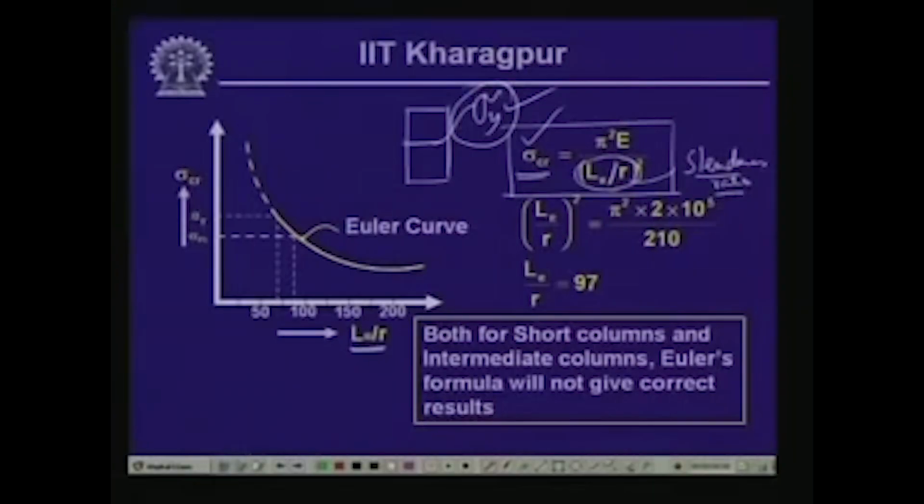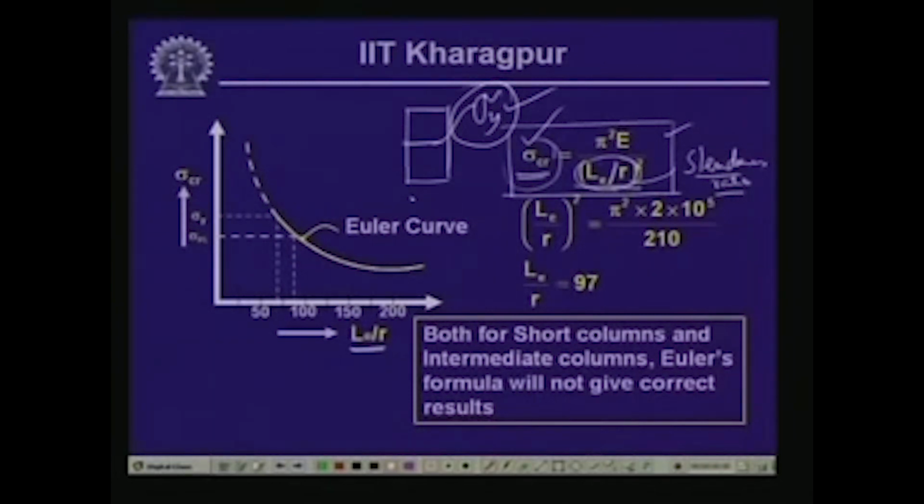In terms of the combined stresses, if we compute the normal and the bending stresses in the member, as soon as the stress level goes beyond the yield stress, the member is going to fail by crushing. That means the material will yield, and the question of buckling will not arise in that particular situation. So, this Euler's critical load formula has a limitation: beyond a certain value of L E by R, we cannot use this Euler's critical buckling load formula.